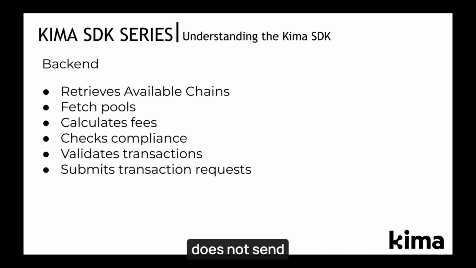The backend does not send stablecoins; instead, it sends the transaction request to the blockchain for execution. Without the backend, the frontend would just be a UI with no real functionality. This is what actually makes the transfers happen. In the next video, we'll install the backend and run it locally.